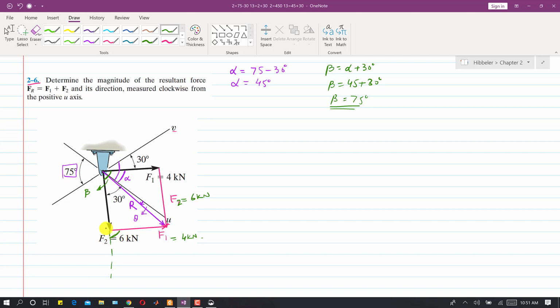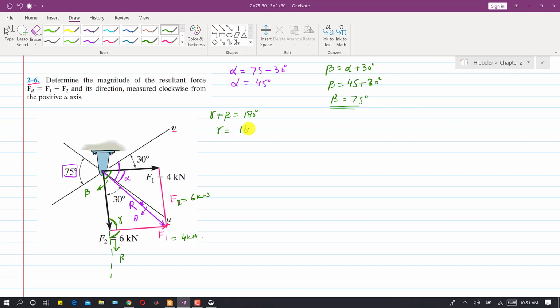If this is beta, then what will be this angle, right? This angle and this beta angle are supplementary angles, so their sum will be equal to 180 degrees, right? Let's suppose this is gamma angle. I can write that gamma plus beta will be equal to 180 degrees, and we need to determine this gamma.